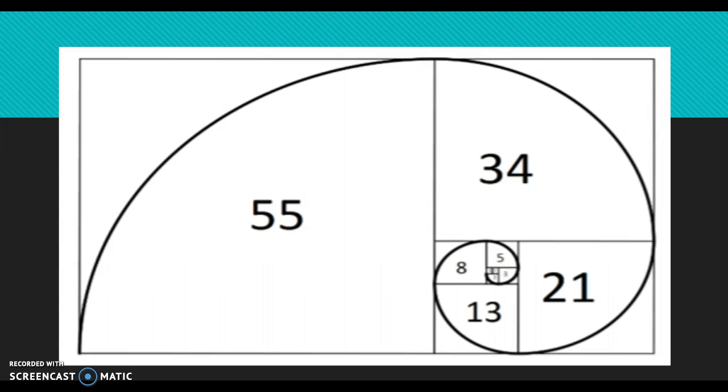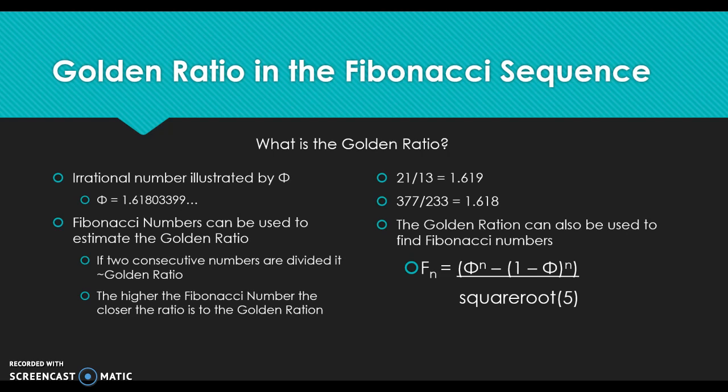If you do this and you connect them using a line, you get a nice spiral, as you can see right here. Remember this spiral, and it shows up a lot in nature. So the golden ratio is also found in the Fibonacci sequence.